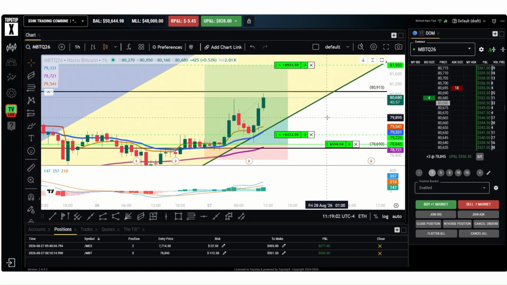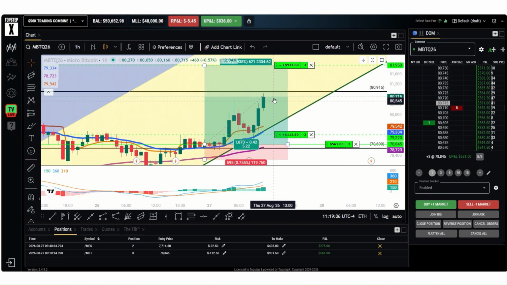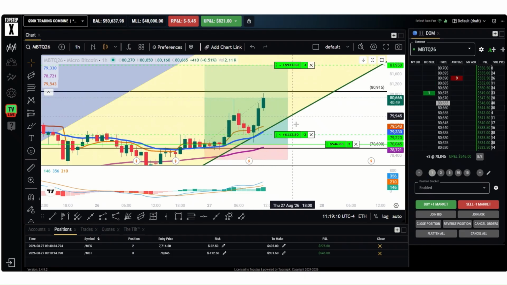But I'm just going to give it another hour or so, see how things are. Because if there's going to be a strong rejection at 80,915, then I'm going to walk my stop order even higher, because right now my stop order, I did walk up from down here, which was around 78,255, to now it's sitting at 79,220.